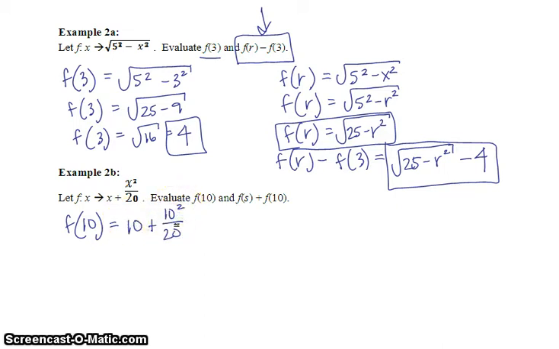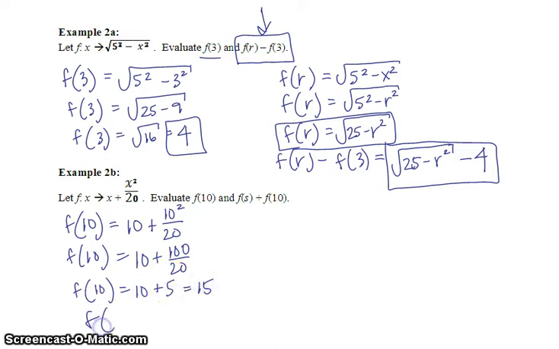And this time there's 2 x's in that function. F of 10 equals 10 plus 100 over 20. F of 10 equals 10 plus 5 equals 15. So f of 10 equals 15. So that's the first answer.